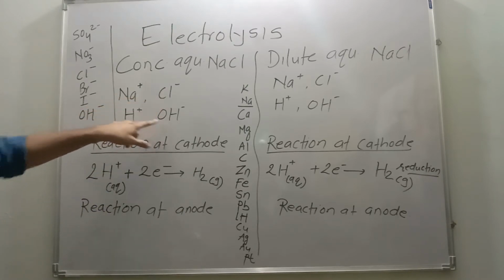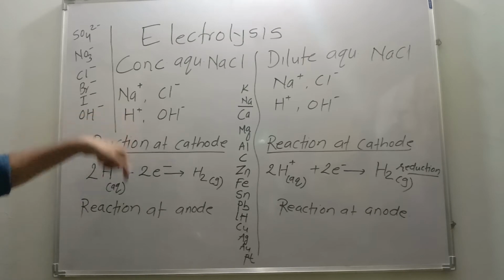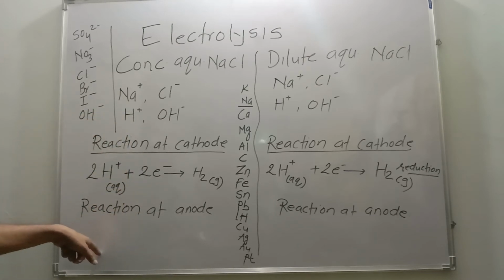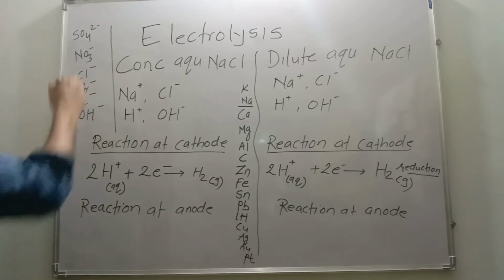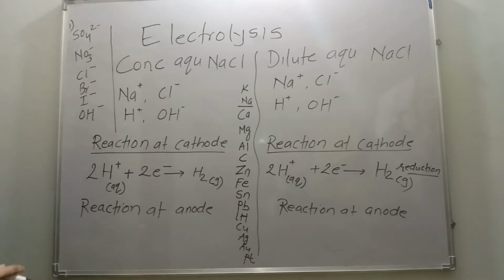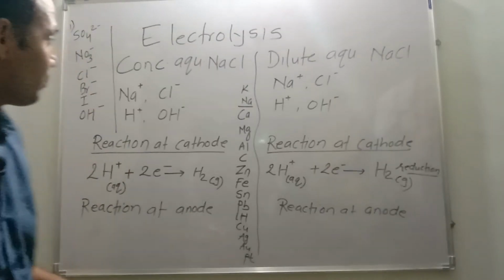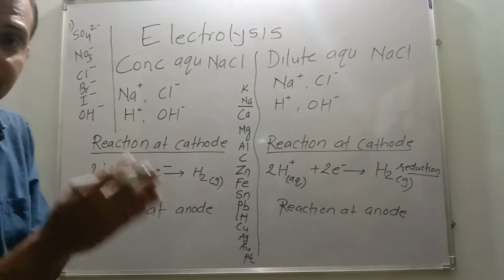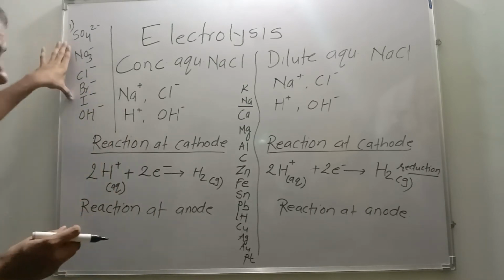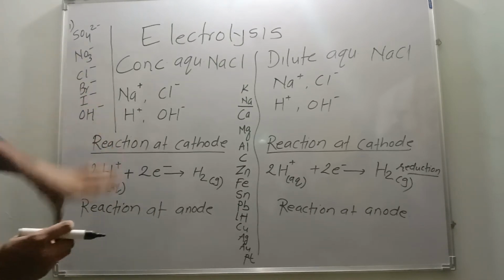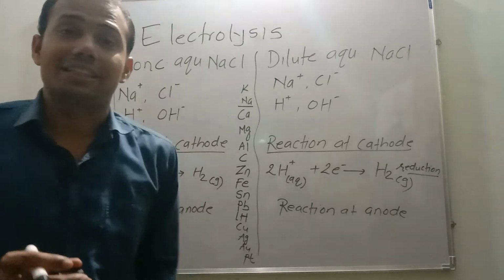We can see here OH- is at the bottom. So this is the first rule for anions, and there is another rule for anions. There are two rules. One rule is this one, we have to look at this series. Another rule is we have to look at their concentration.